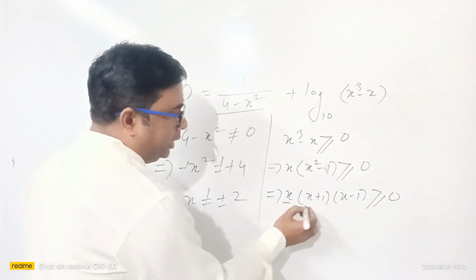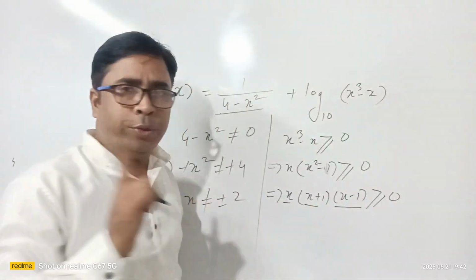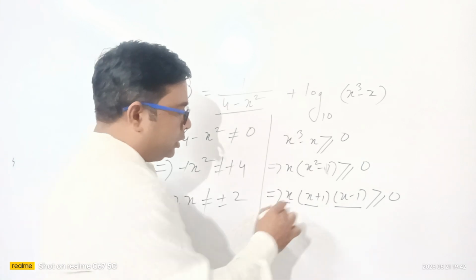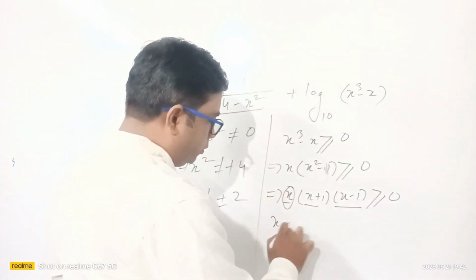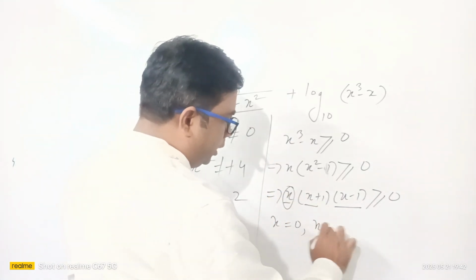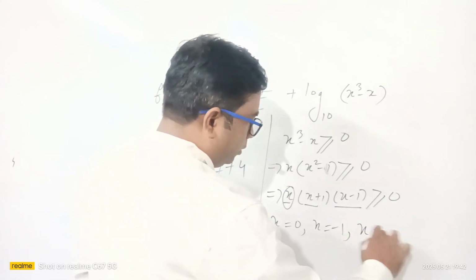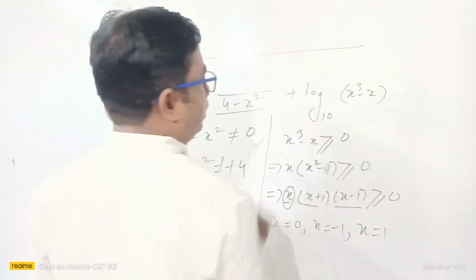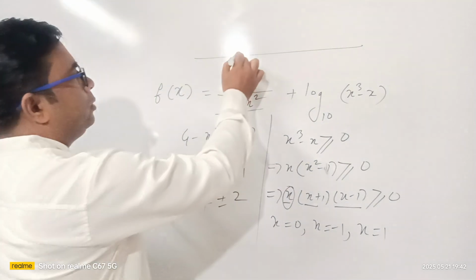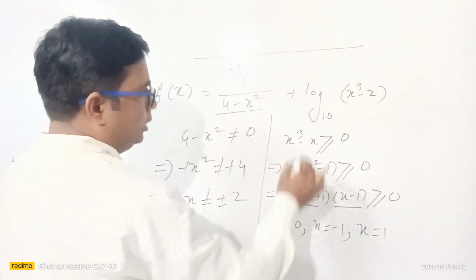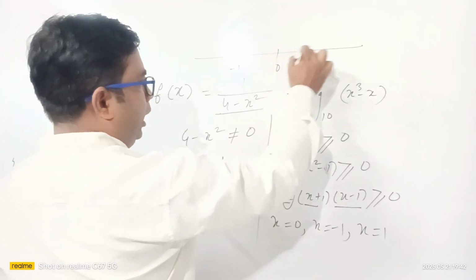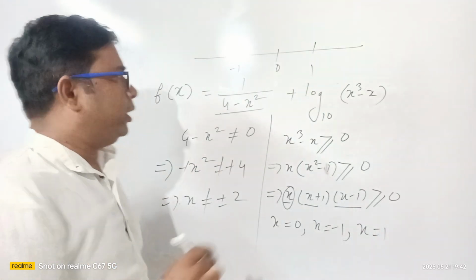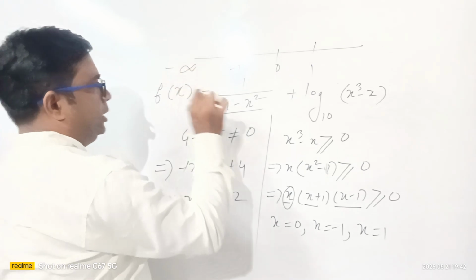Now we consider each part to be 0 according to the wavy curve method. So this value is 0, this is minus 1, and this is 1. After that, we plot these numbers on the number line: minus 1, 0 and 1, with minus infinity and plus infinity at the ends.